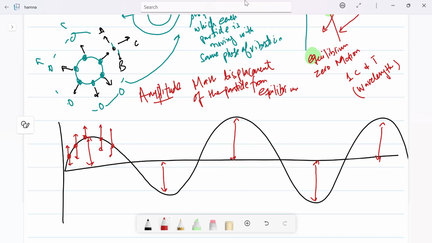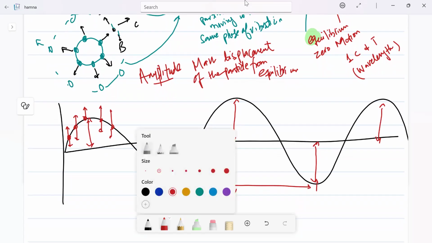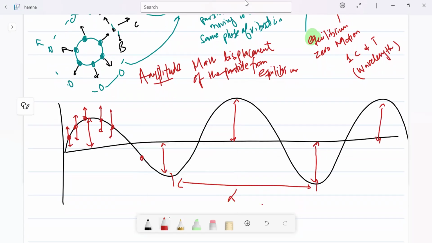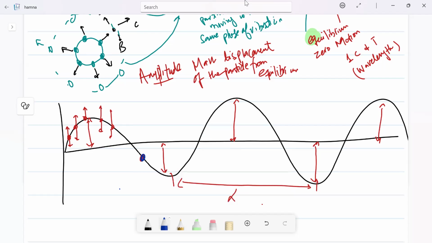So the distance between any 2 points, not any 2 consecutive points, if we start from here to here, it is one wavelength. If I start from here and end here, this is one wavelength. If I start from here to here, this is again one wavelength.